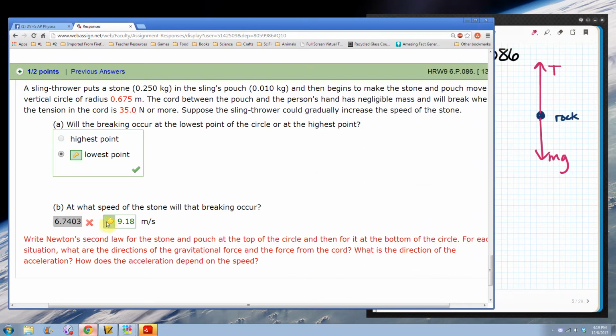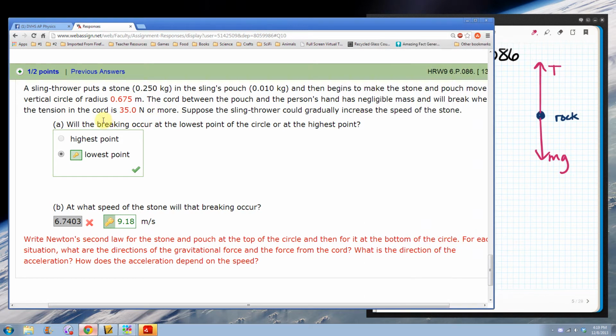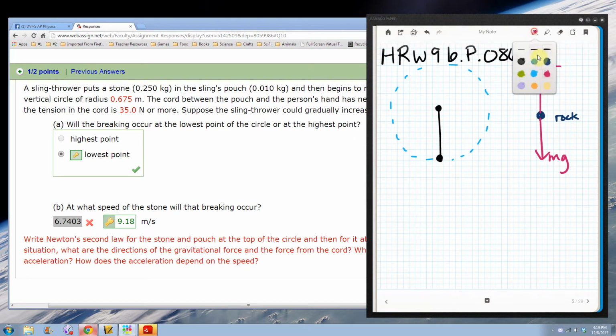What I want to know is at what speed the stone will break the cord. So basically, at what speed does the tension in the cord exceed the amount that it can have before it breaks, which in this problem is 35 newtons. Let's look at that. I know that the net force on this rock equals mass times acceleration. This is not zero because I need an acceleration toward the center of the circle, since this is moving in a circle.